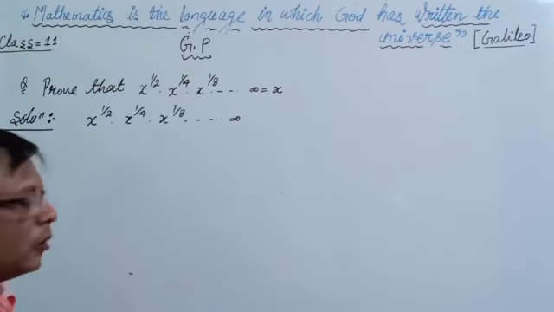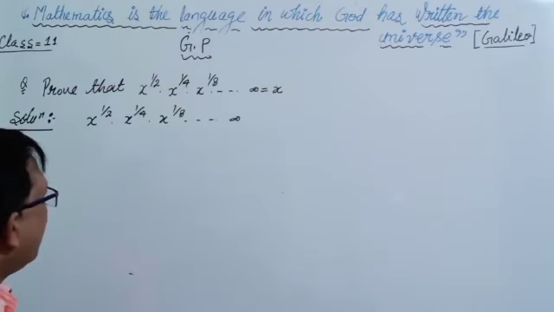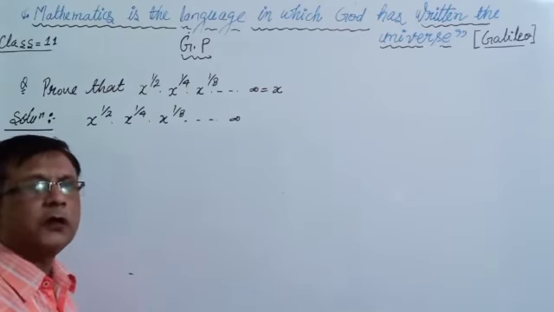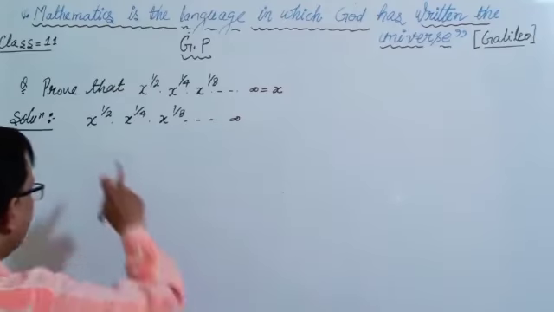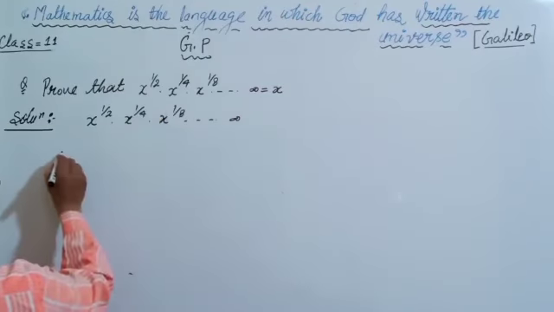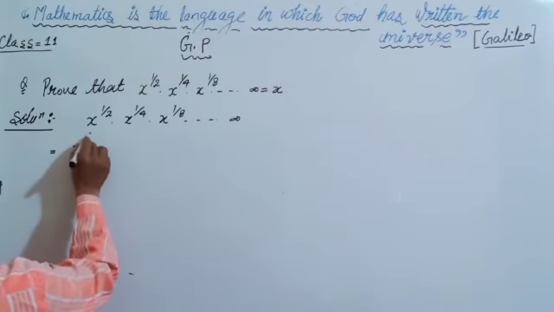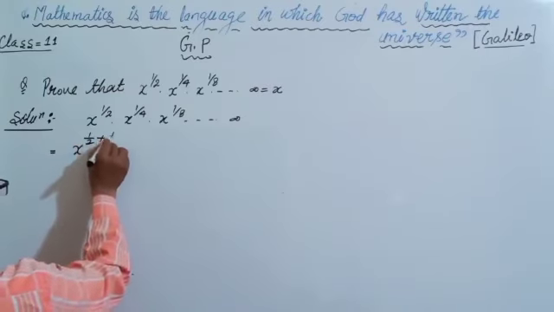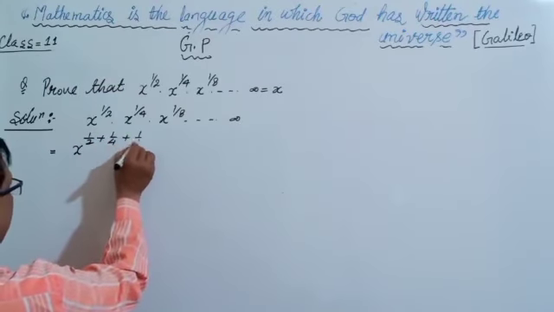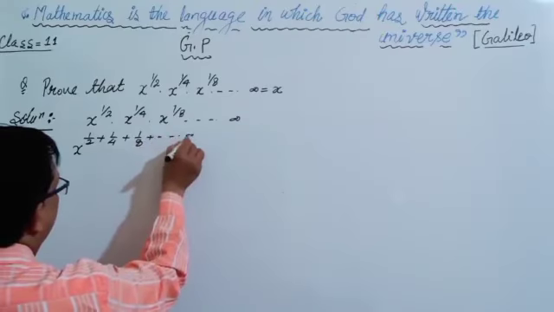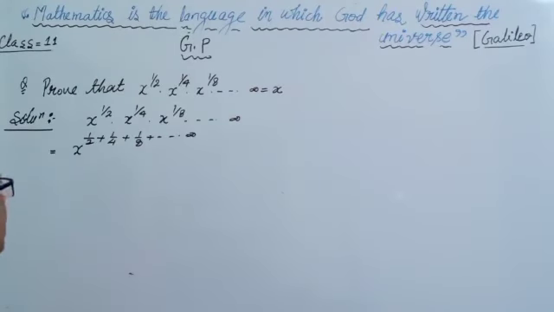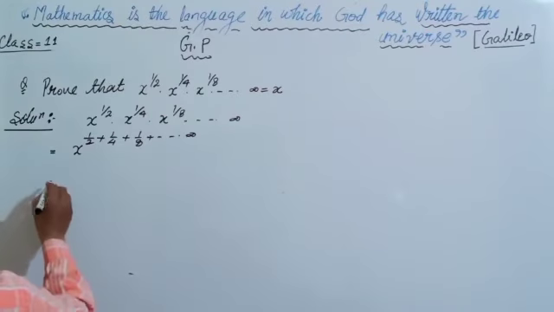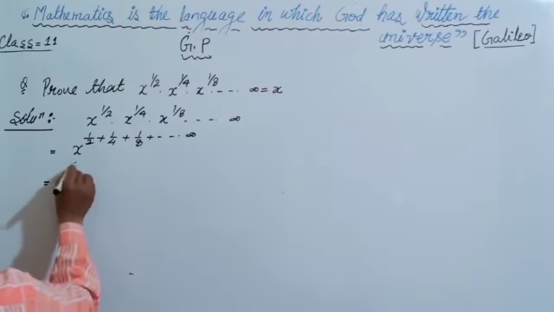According to the logic of algebra, power of the same quantity is always added. So here the base is the same, so power is added. So we get x to power 1 by 2 plus 1 by 4 plus 1 by 8 up to infinite. Now student, we take 1 by 2 common.